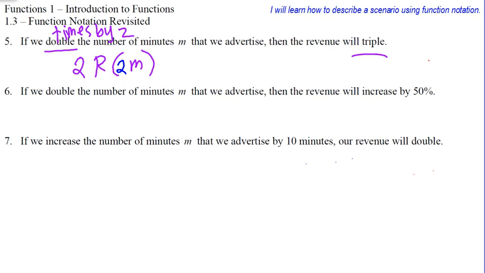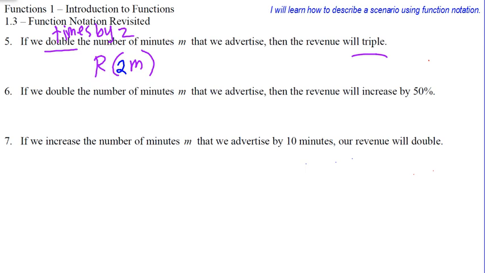Think about it for a second or a minute. What do you think? I think if we put the 2 on the outside, we are doubling the revenue. But if we put the 2 inside, we are doubling the minutes, which is the instruction in number 5. Okay, cool?